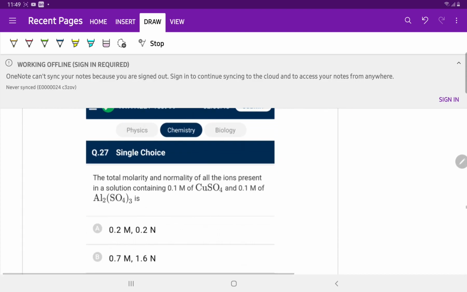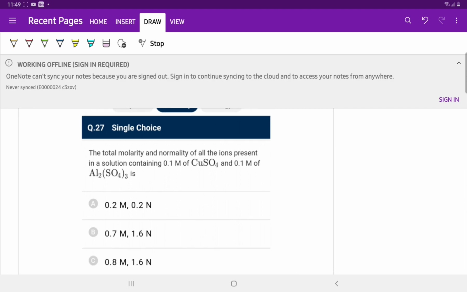Question number 27. The total molarity and normality of all the ions present in the solution containing 0.1 molarity of copper sulfate and 0.1 molarity of aluminum sulfate. So there are three ions, Cu2 plus, aluminum 3 plus and SO4 2 minus.